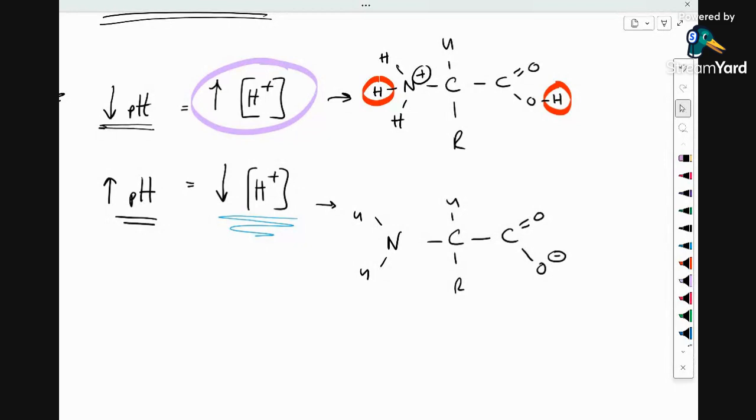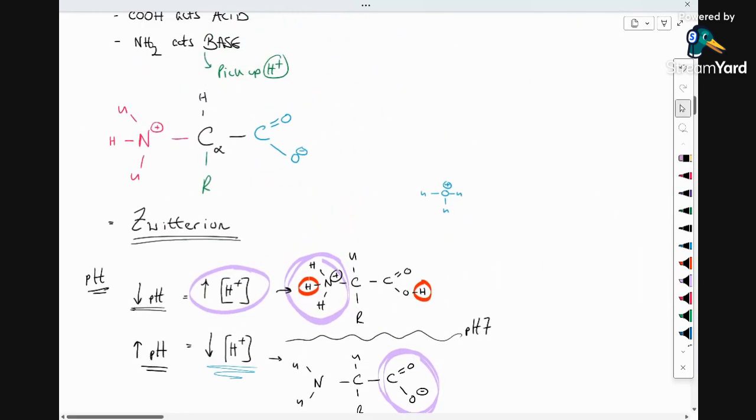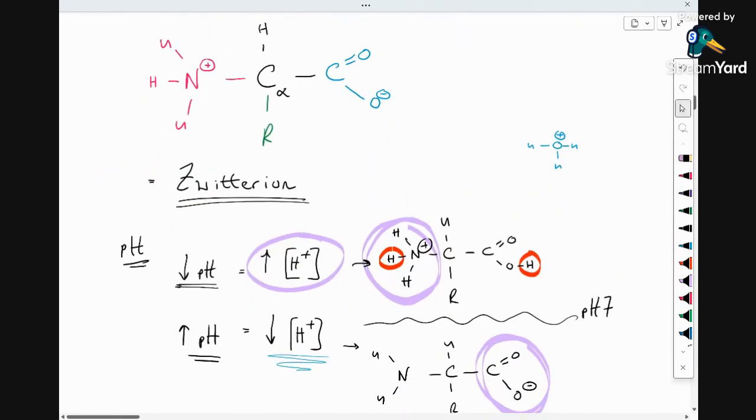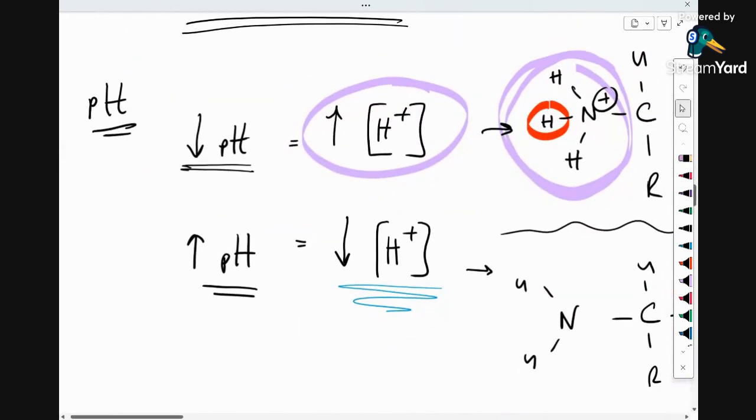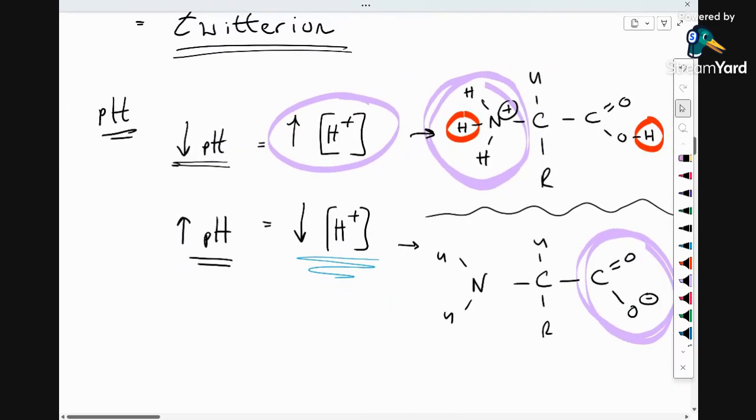And of course, if you are slap bang in the middle of these two, roughly physiological pH 7, that is where your Zwitter ion occurs, where we have both the protonated side over here, but the deprotonated side here on the carboxylic acid, which is what we've drawn here. So it's kind of the middle ground between the two. Now, at what pH this becomes true depends on different amino acids.